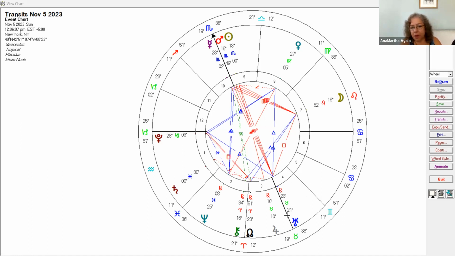But the fourth house cusp starts in Taurus, okay, at 19 degrees. So how would you read this? Number one, the ruler of the fourth house is Venus. Why? Because Venus rules Taurus. So how would I interpret this?